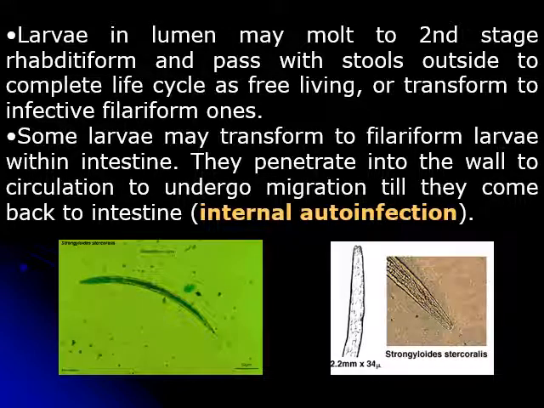This is the rhabditiform larva as it comes in stool. This picture is for the larva, and we see here that the space between the buccal capsule, between the oral opening and the esophagus, is very short, and it is also demonstrated here in the slide or in the microscopic picture.